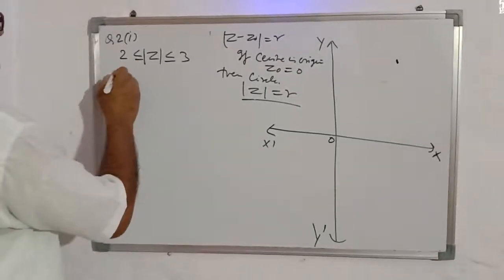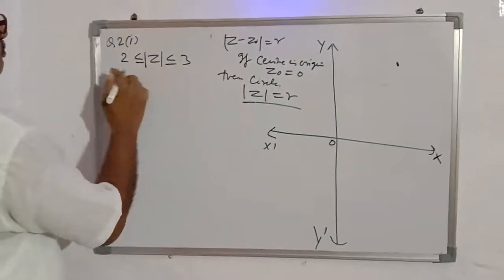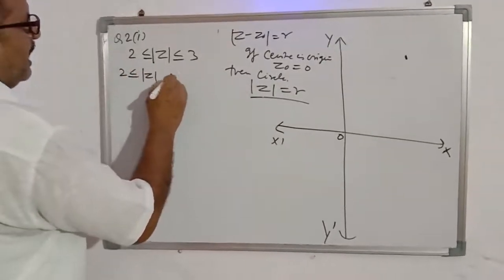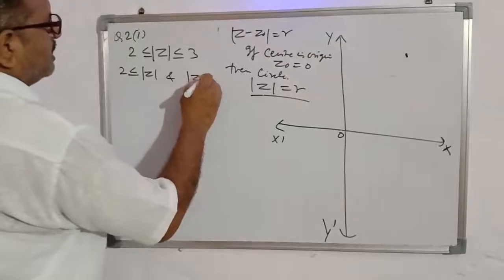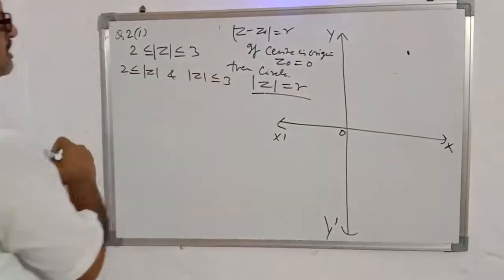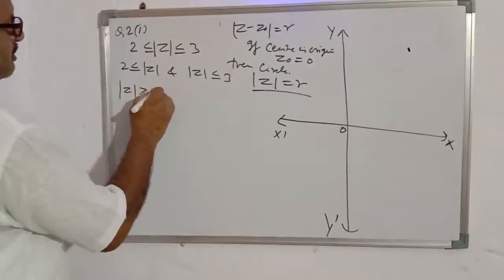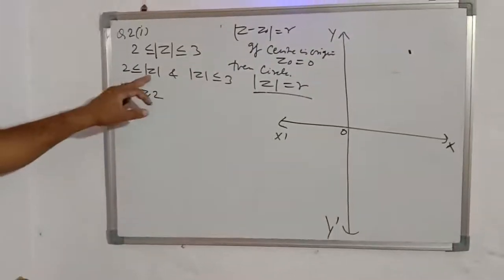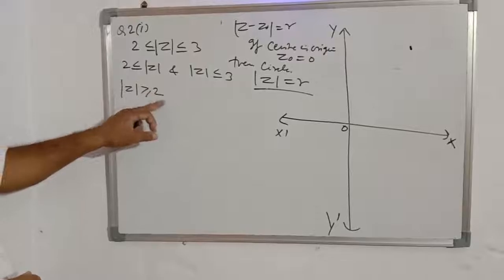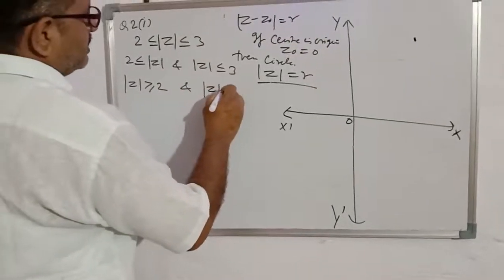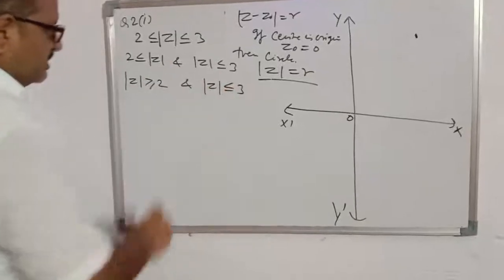We can split it into two parts: 2 less or equal to |z|, meaning |z| greater or equal to 2, and |z| less or equal to 3.